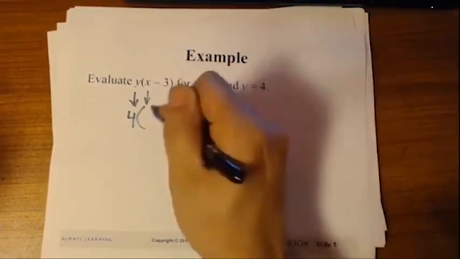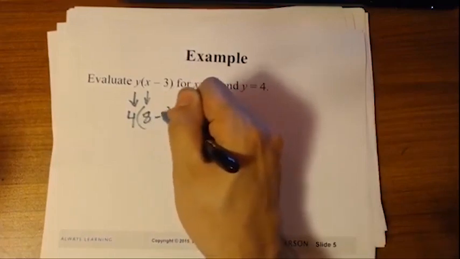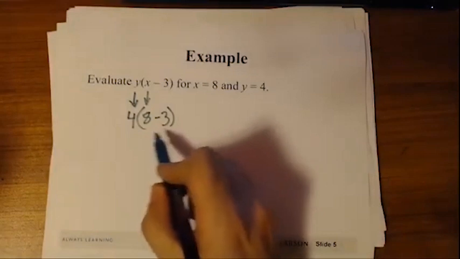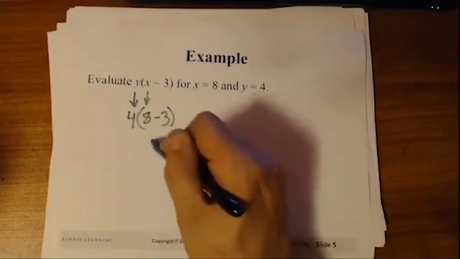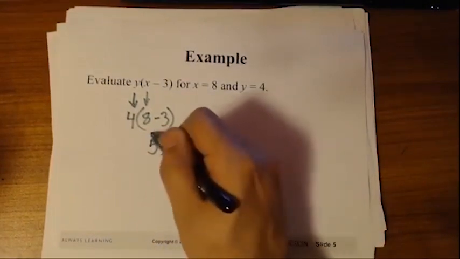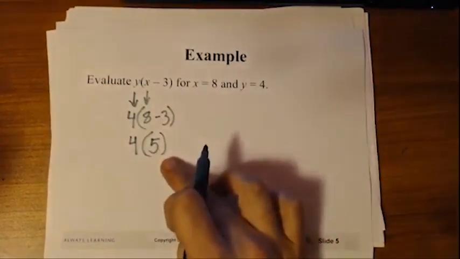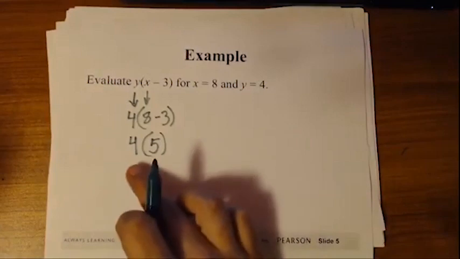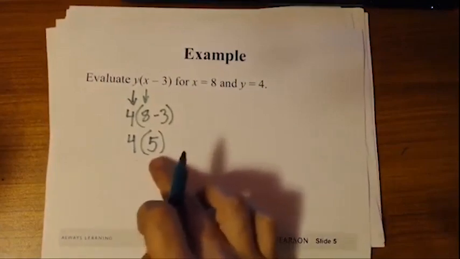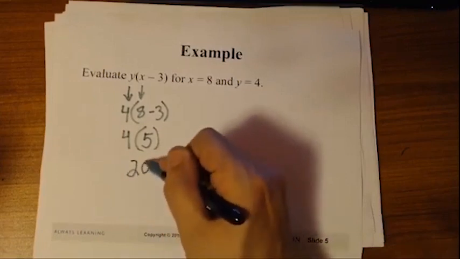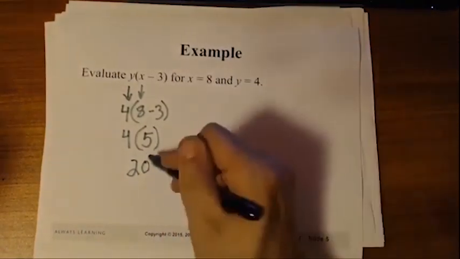Instead of x, we have 8, and then we have minus 3. Order of operations, work inside the parentheses first. 8 minus 3 is 5. And look, even if we leave it in the parentheses, that's a great idea because we know right next to each other means multiply. 4 times 5 is 20.